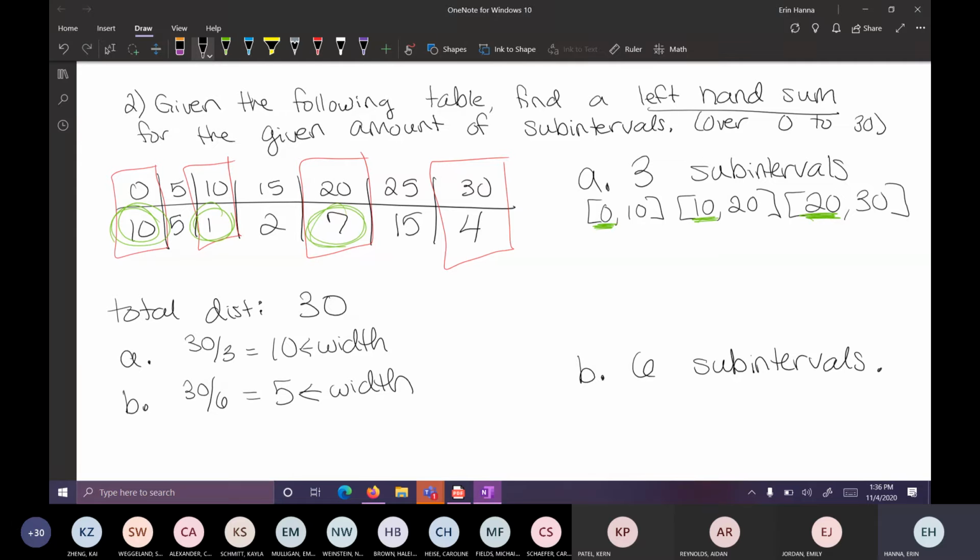Our width is 10, so you can do 10 times the first thing plus 10 times the second plus 10 times the third, but I'm too lazy for that. The length at 0 is 10, the length at 10 is 1, and the length at 20 is 7. I accidentally erased a value from the table, so now my answer is wrong.